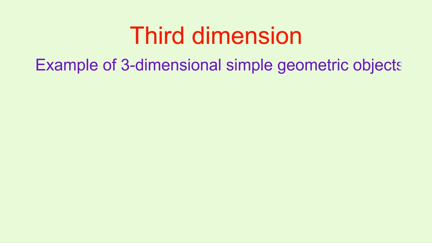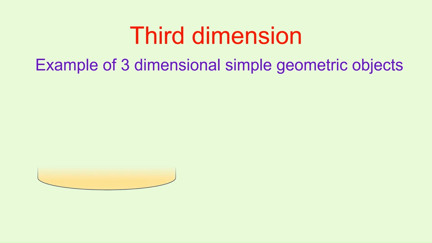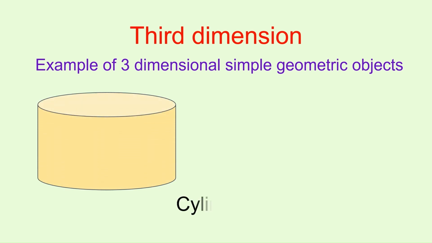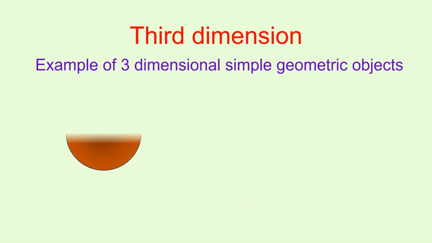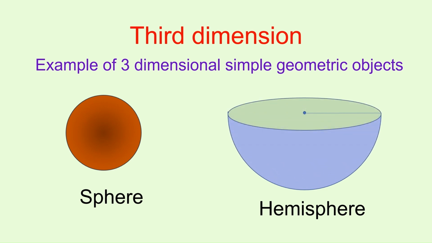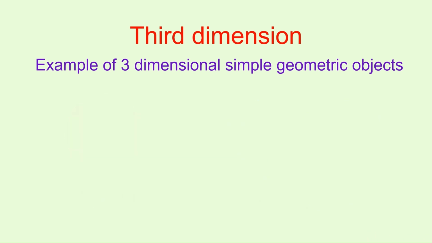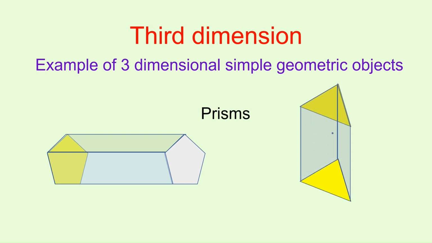Some examples of three-dimensional simple geometric objects. Number 1, cube. Number 2, cuboid. Number 3, cylinders. Number 4, sphere and hemisphere. Number 5, prisms.